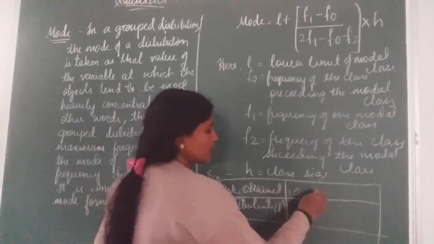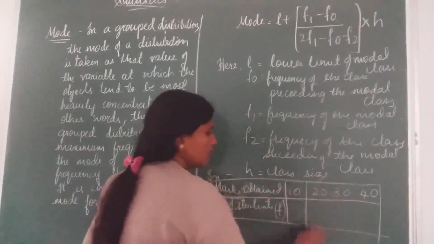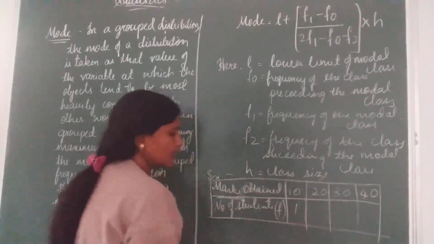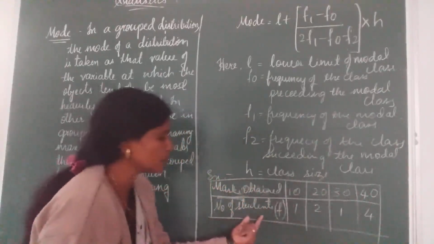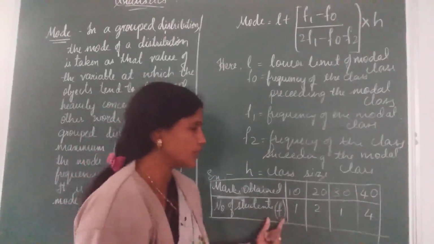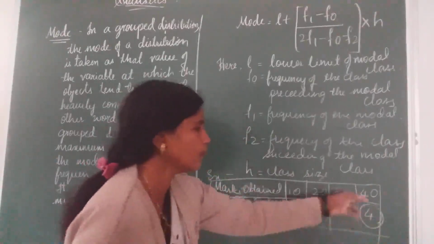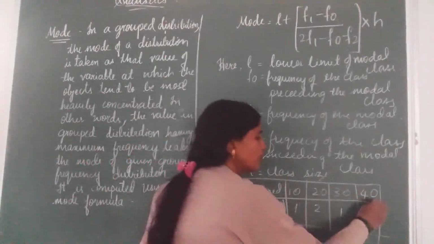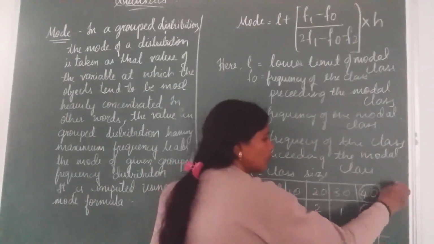So if I take 10, 20, 30, 40 as the marks obtained by the students, and the number of students 1, 2, 1, 4. Now here number of students is the frequency. Which frequency is highest in this? 4 is highest. But for the 4, what is the data given? 40. This is nothing but the mode.